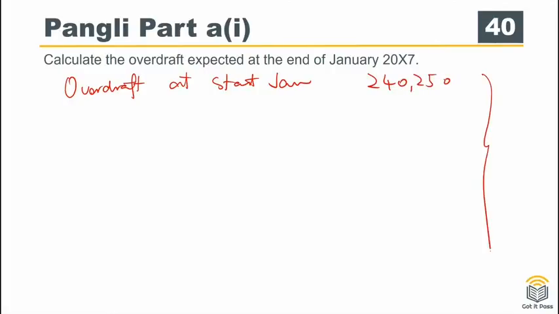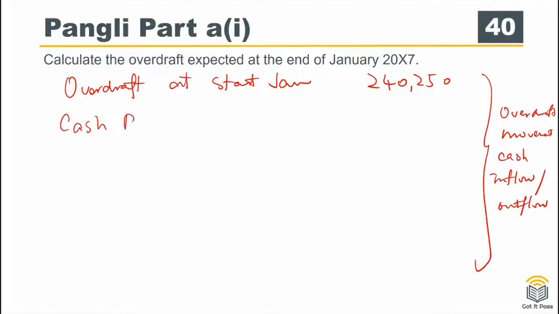So you have to work on the overdraft movement and consider any cash inflow and outflow. Because in the opening you have the overdraft already, so you put the number. And do you have any cash receipts from account receivable?